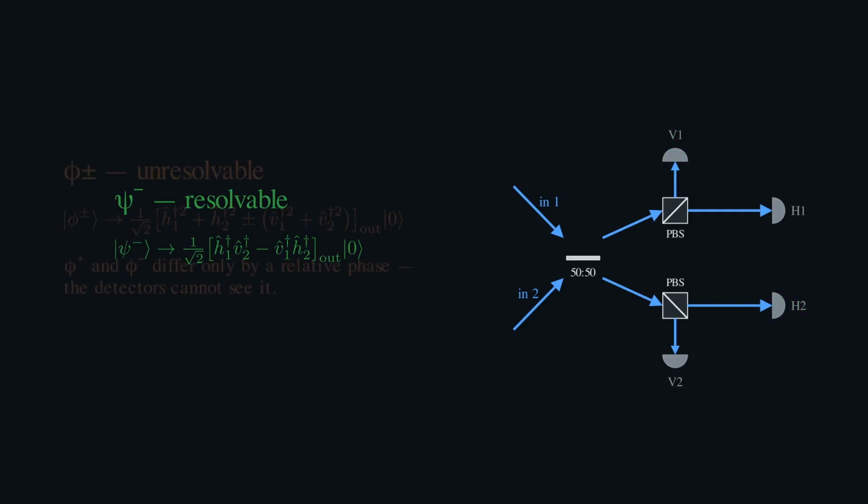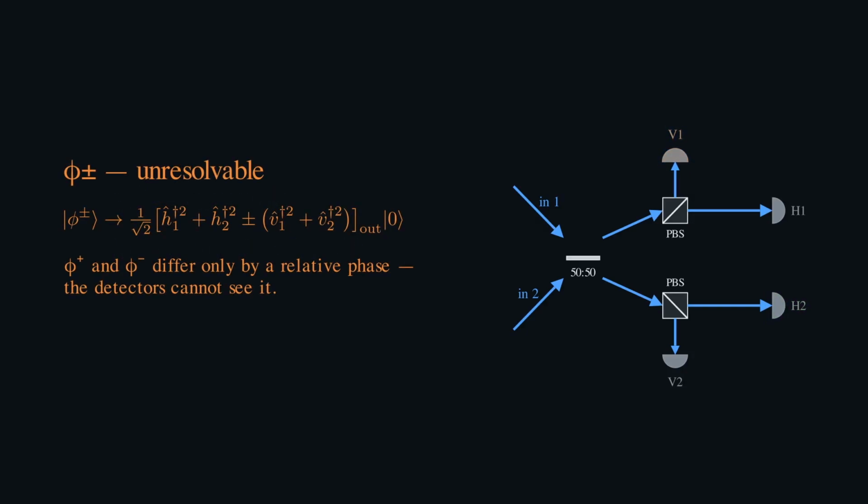The phi plus and minus states will both click one of the detectors, either V1, H1, H2, or V2 individually, because two photons will hit those detectors. The phi states are unresolvable because the quantum state only differs by a relative phase, as you can see from the mathematical equation. The relative phase is not something that resolves in the detector patterns. In both instances, one detector will click with a two-photon state.